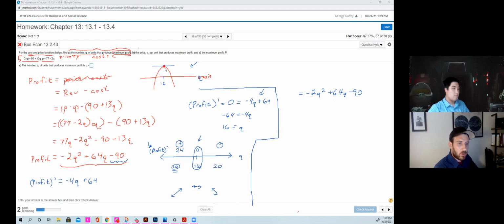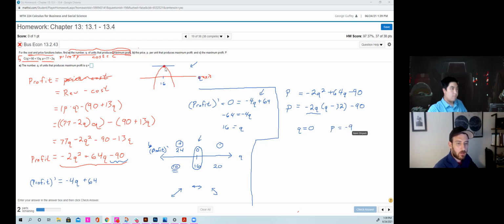Let's say that this is our profit. Then I could do some algebra manipulation and say this comes out to 32. If I'm just playing around with the numbers, I say, look, if Q is 0, then P, the profit, becomes negative 90.